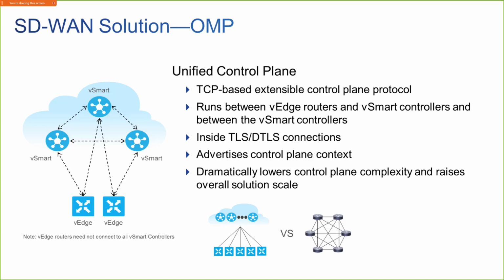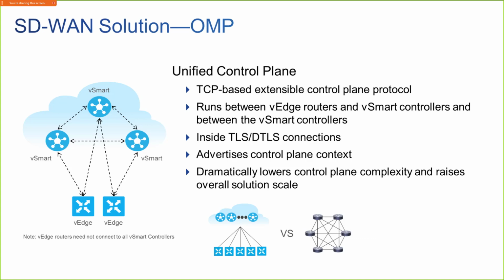It's a control plane protocol, and we'll talk about all the specific port numbers and the communication channels that have to be open to support this protocol. It's our control plane protocol that brings together all of the control plane functions under a single protocol suite, if you will.